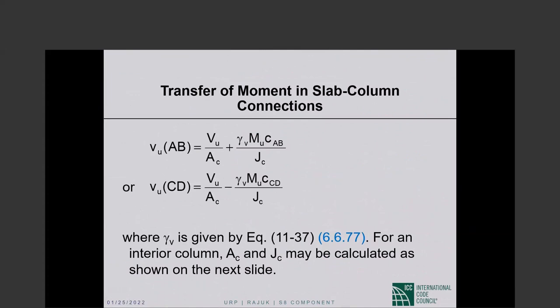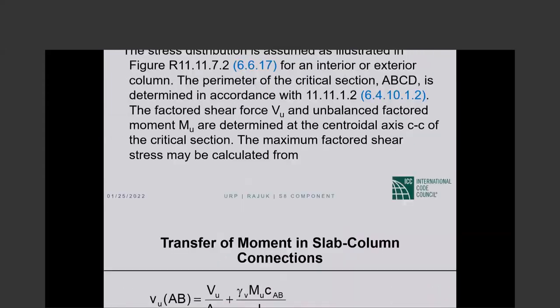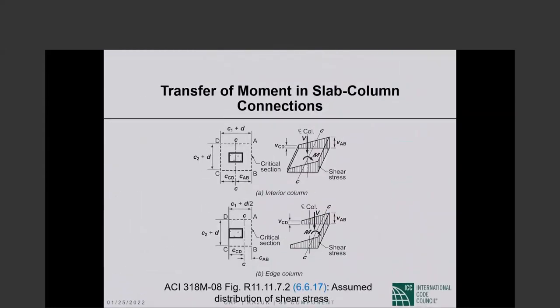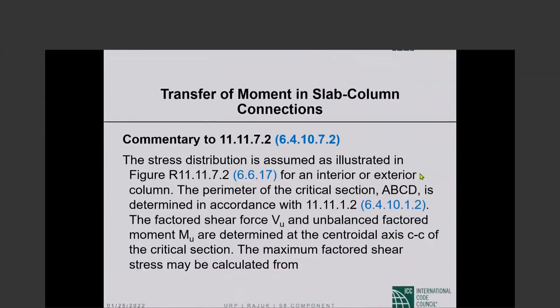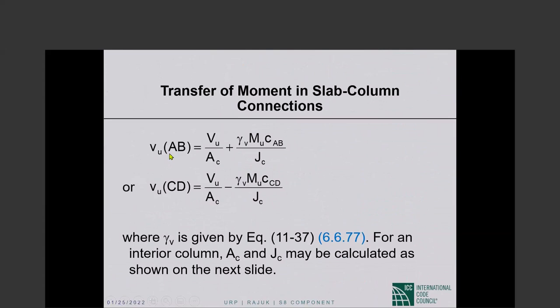Okay, so we had the general expression before. Now we are making it more specific to the right face and the left face. The right face is AB, the left face is CD in the picture. Okay, so the specific expressions are V sub U on the right face is P sub U over A sub C. We know what A sub C is.